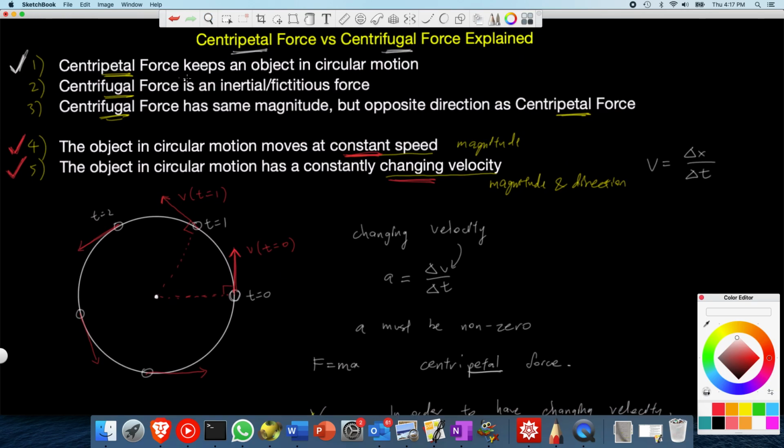So without the centripetal force, the object just travels in a straight line. So the centripetal force is the force that keeps the object in a circular motion.